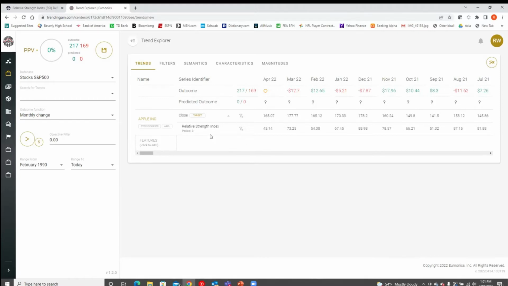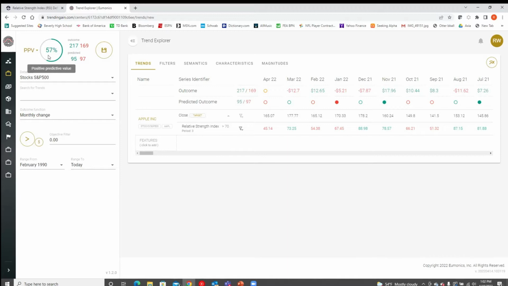Specifically, I'm going to take this feature that we've added, and add a filter by clicking on this filter icon. And the filter is going to say if the value is greater than 70, what happens? Well, it turns out 57% of the time, Apple's stock price goes up.